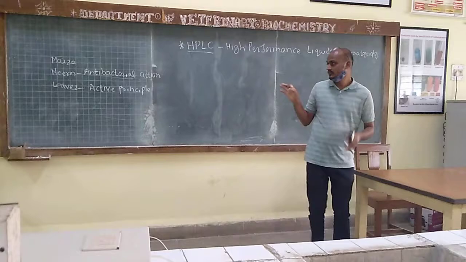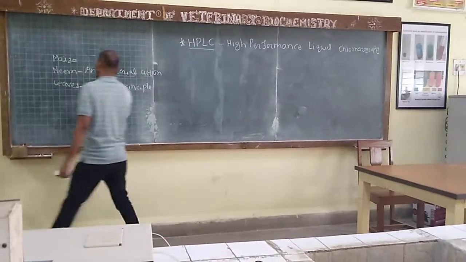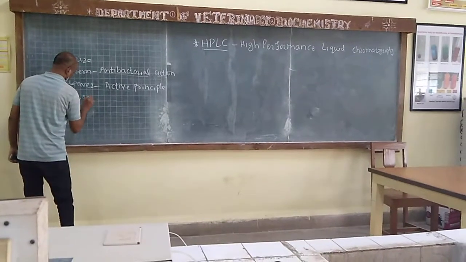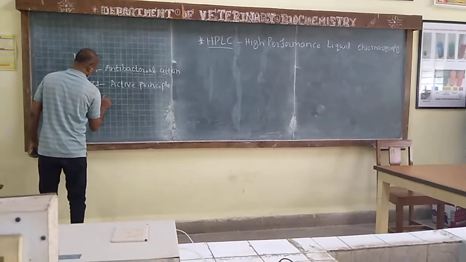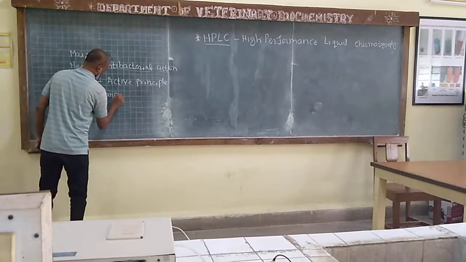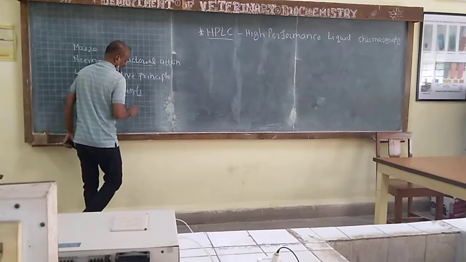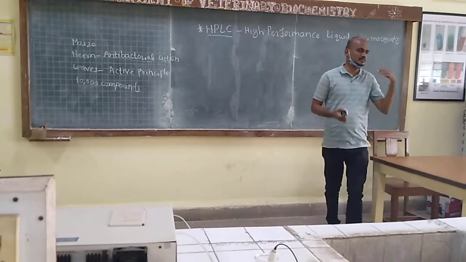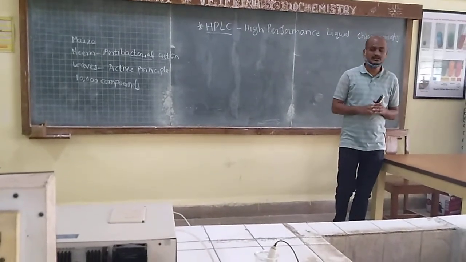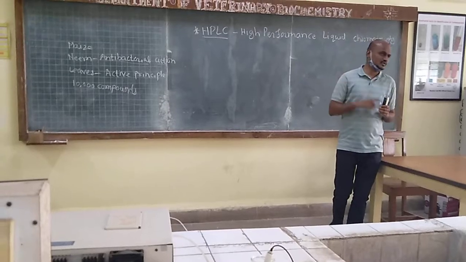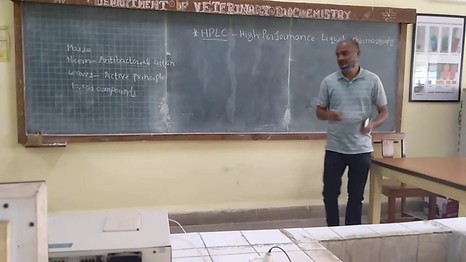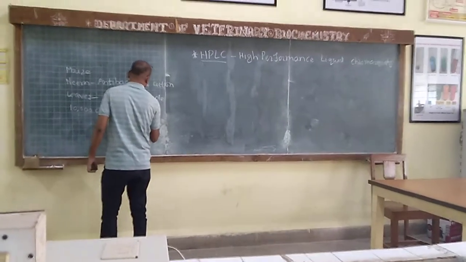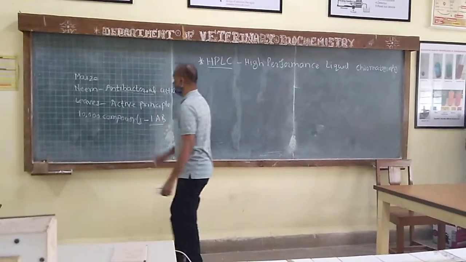Okay. So we have, for example, 10,000 compounds. What are compounds? Aggregates of molecules. Individual molecules. For example, you have 10,000 molecules, and suppose one molecule has the antibacterial property.